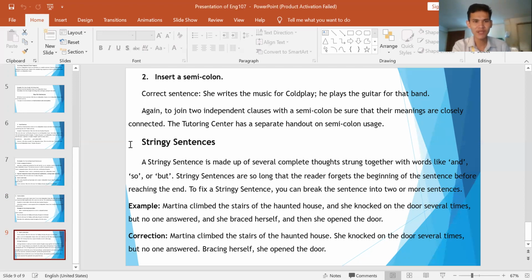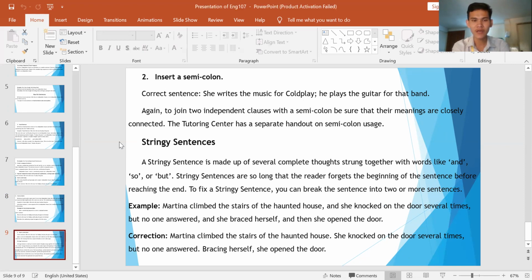And the last point, stringy sentences. What are stringy sentences? A stringy sentence is made up of several complete sentences strung together with words like and, so, or, but. It means that in a sentence you add a lot of and, so, or, but, and the sentence looks very long.